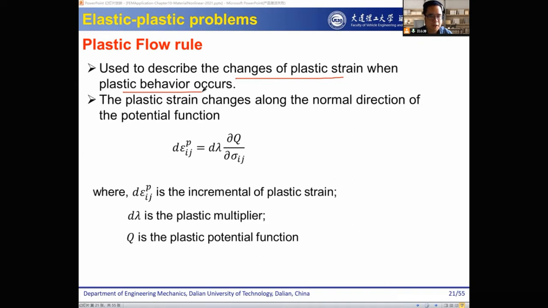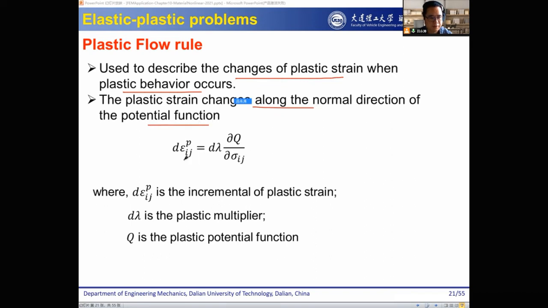So when it passes the plastic yield strength, then we have to define the behavior of this material in the plastic region, and this is what we do here. So the plastic flow rule is to describe the change of plastic strain when the plastic behavior occurs. And the plastic strain changes along the normal direction of the plastic function.